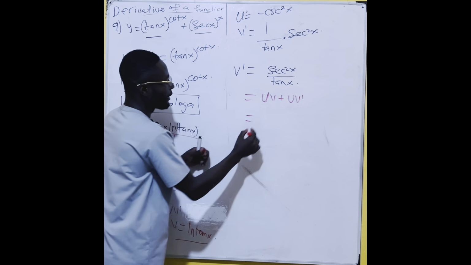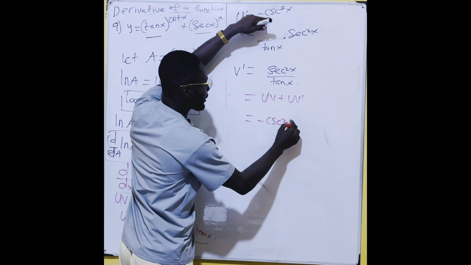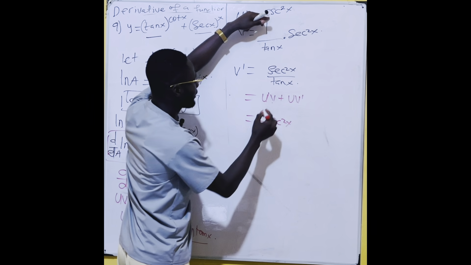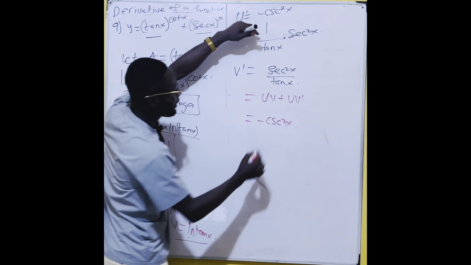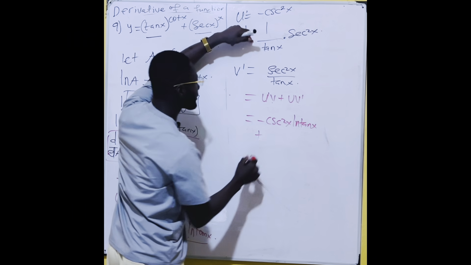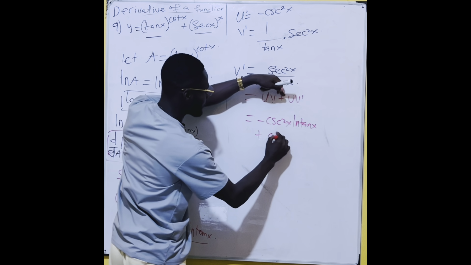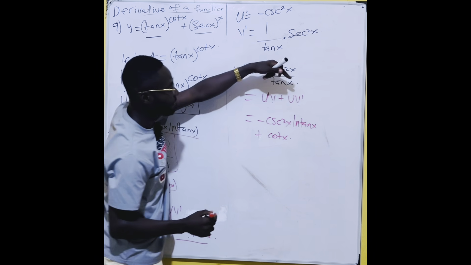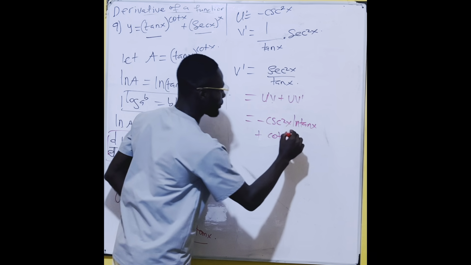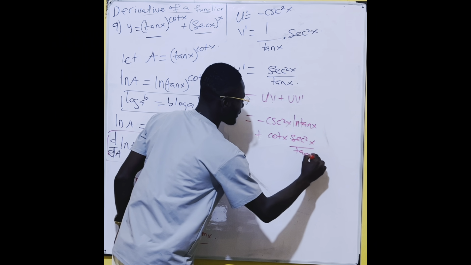That is u prime v plus u v prime. Okay, and our u prime is negative cosec squared x, and our v is ln tan x, plus our u is cot x, and our v prime is sec squared x over tan x.